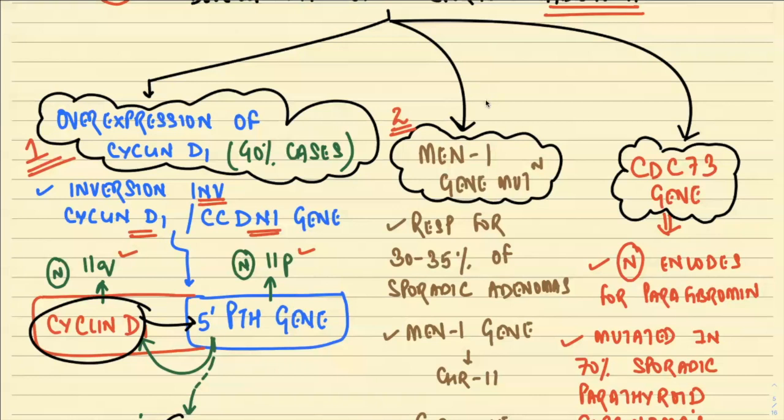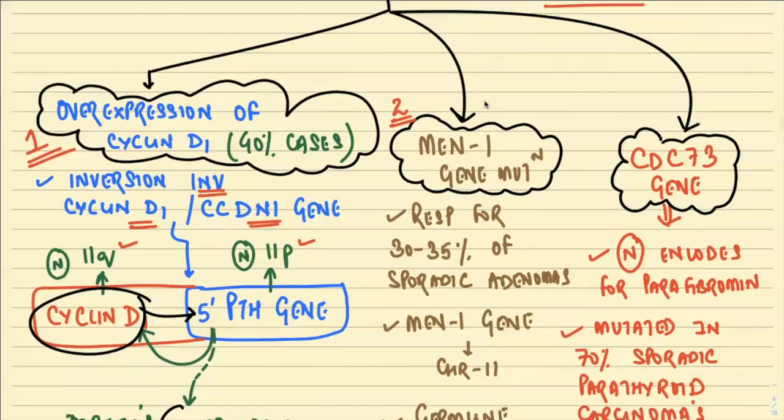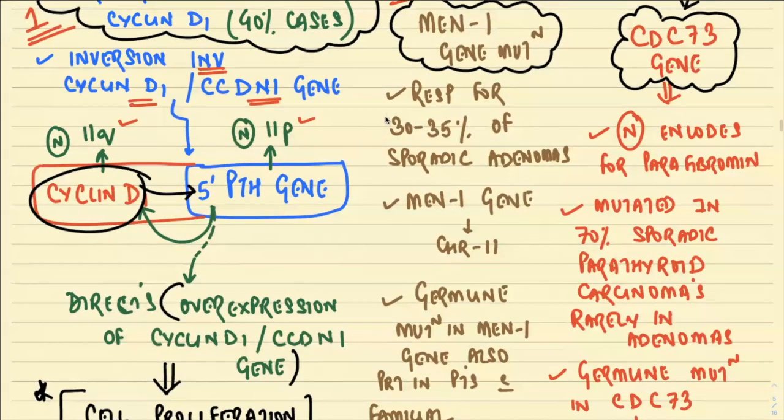Clear to everyone? Now there is the MEN1 gene mutation. It is responsible for approximately 30 to 35% of sporadic adenomas. MEN1 gene mutation is present in both sporadic and familial cases.